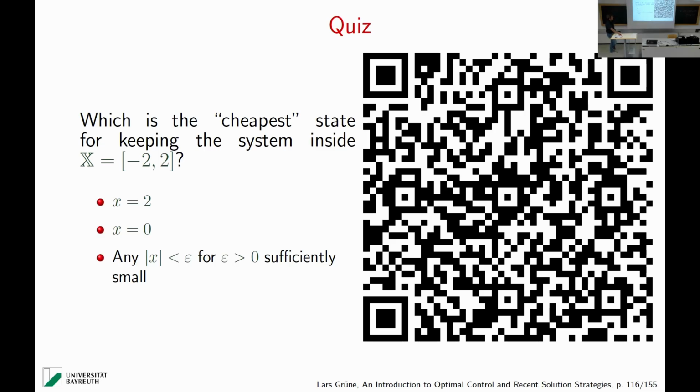I mean, it's cheapest in the sense that you start at a certain point, consider this as the initial condition, and you run the system, and you would like to find the state where the cost is minimal, of course, to keep the system inside.